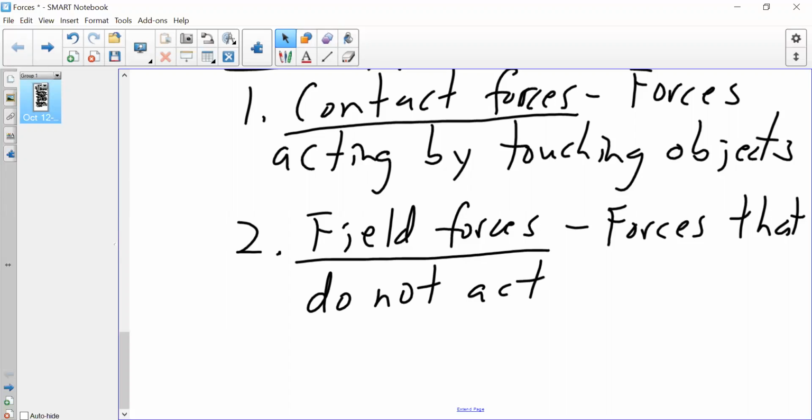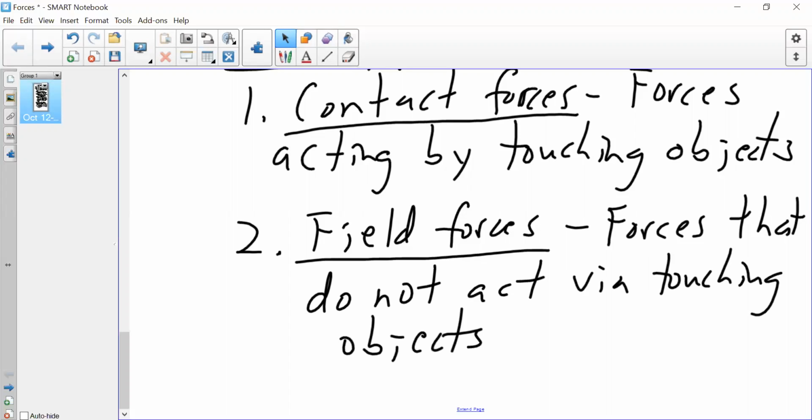Okay. Well, those are the basic two types of forces. Well, generally speaking, your contact forces are a special type of field forces.